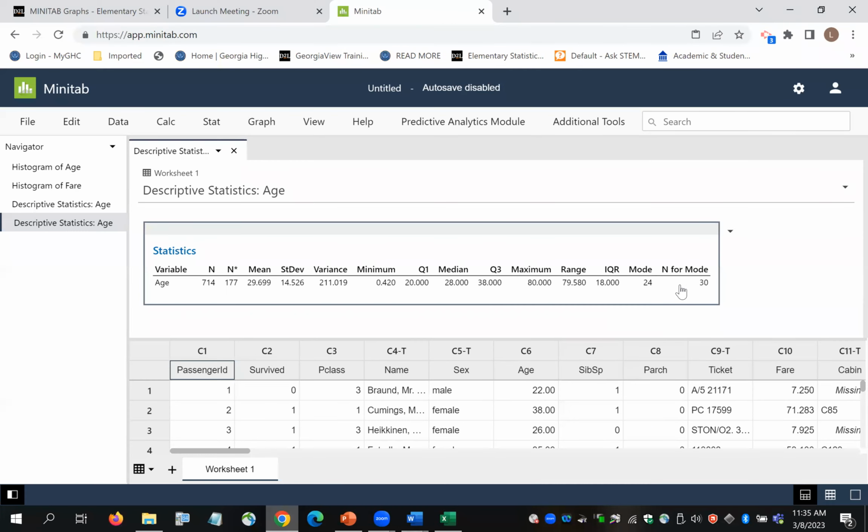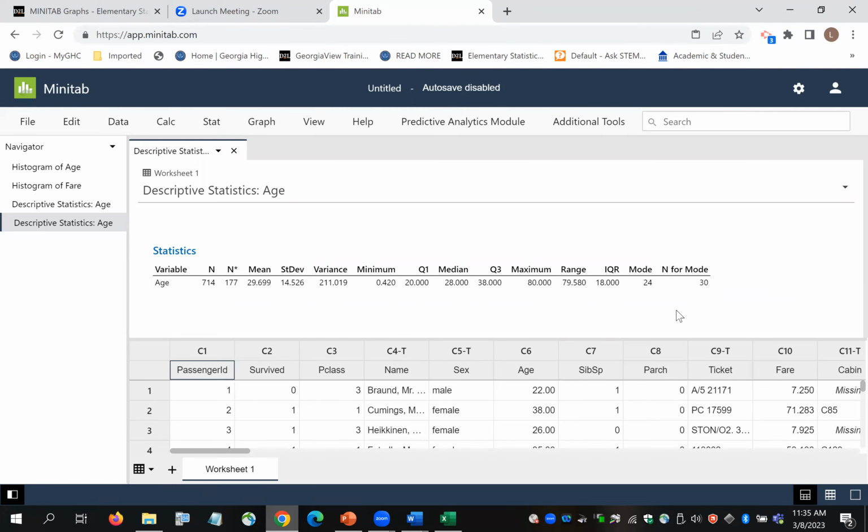At the end, you'll see this little value that says N for mode. My mode, the age that occurred the most, was 24. And there were 30 passengers who were 24 years old. This N for mode just tells me how many were that particular age.